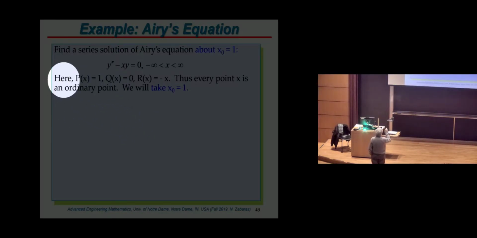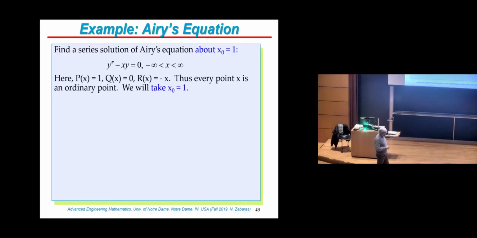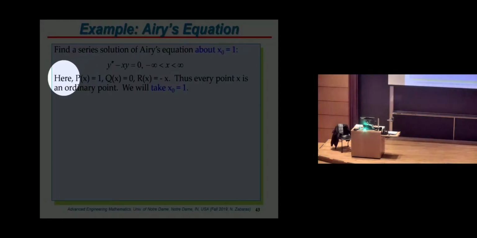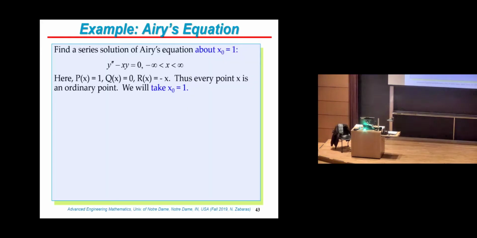All right, so ordinary points. I remind you, if you have a general equation with coefficients P, Q, and R, ordinary points are the points where P of x is not equal to 0. In this example, we're looking for a power series expansion for the solution of the Airy equation around the point x0 equal to 1.